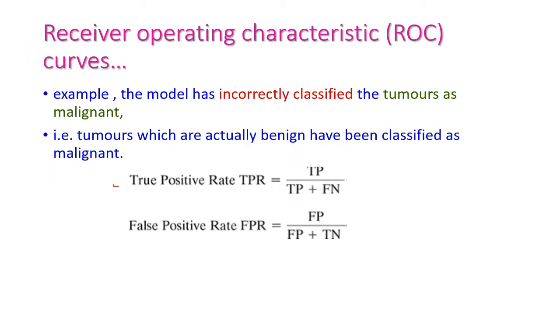Here we need to compute the true positive rate and the false positive rate. True positive rate means true positive divided by true positive plus false negative. This is TPR, which is nothing but the true positive rate. The next one is the false positive rate, which is false positive divided by false positive plus true negative.